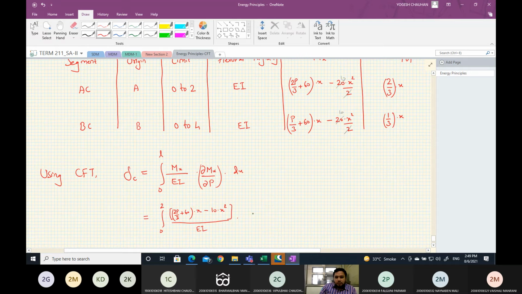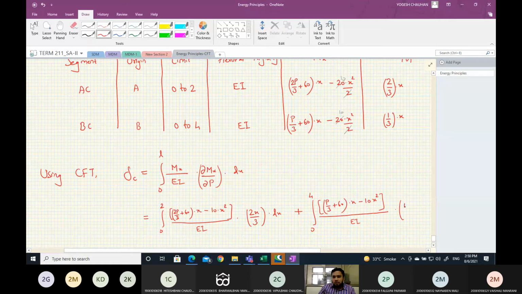Into del Mx by del P, which is 2x by 3, times dx, plus the second integral, that is integration from 0 to 4. Moment is (P by 3 plus 60) into x minus 10x square, whole divided by EI.